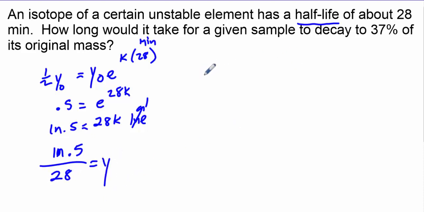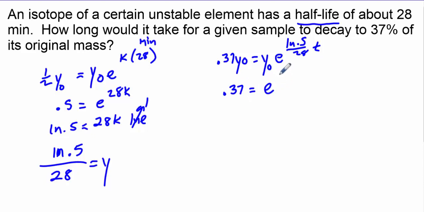And then they want to know how long it takes to get to 37% of the original mass. So 0.37 y sub 0 is equal to y sub 0 e to the k value, ln 0.5 over 28, times t. We're looking for this time. Again, divide out the y sub 0. 0.37 equals e to the ln 0.5 over 28 t.